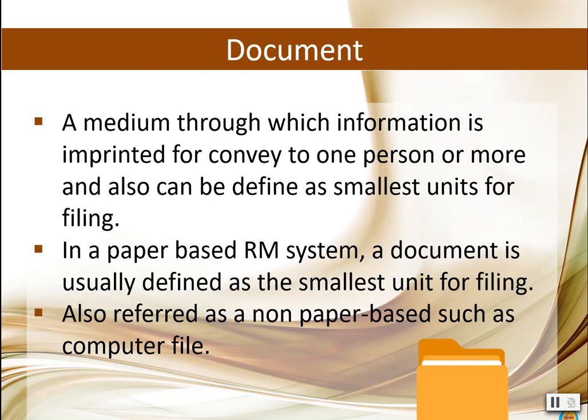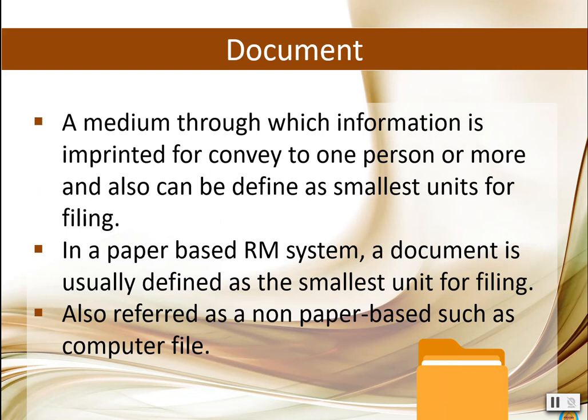Next one is a document. I do believe you have gone through the document before, during 131. A document is a medium through which information is imprinted to convey to one or more persons, and can also be defined as the smallest unit for filing.